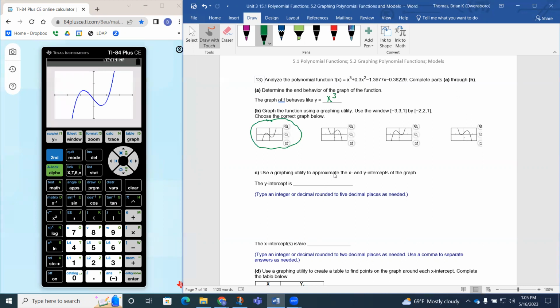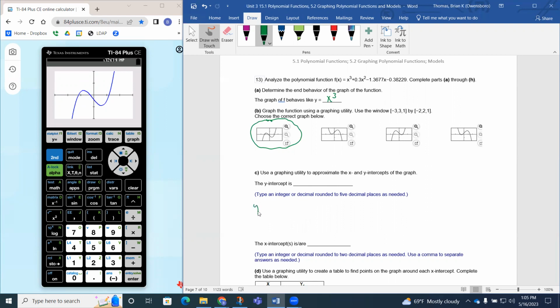So use the graphing utility to approximate any x and y-intercepts on the graph. So for the y-intercept, I don't know how to do that on the graphing calculator except to maybe substitute 0 in for x.